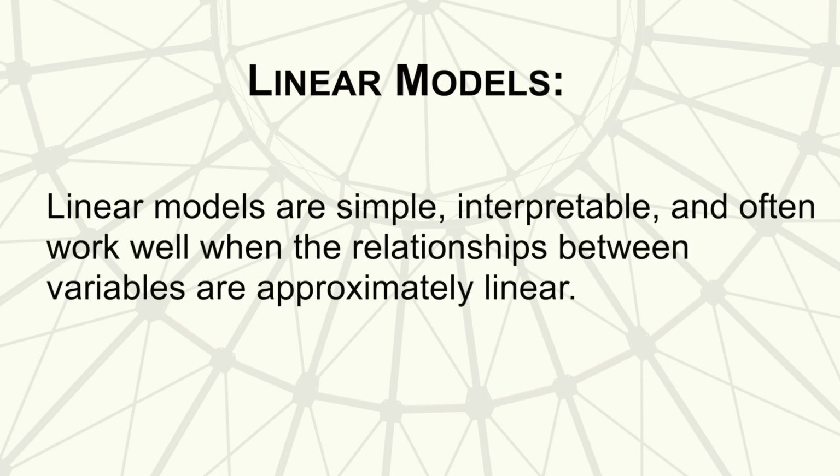These coefficients can be a growth constant or any other constant, and can be replaced by mu, rho, alpha, beta and many more. Linear models are simple, interpretable and often work well when the relationship between the variables is approximately linear.